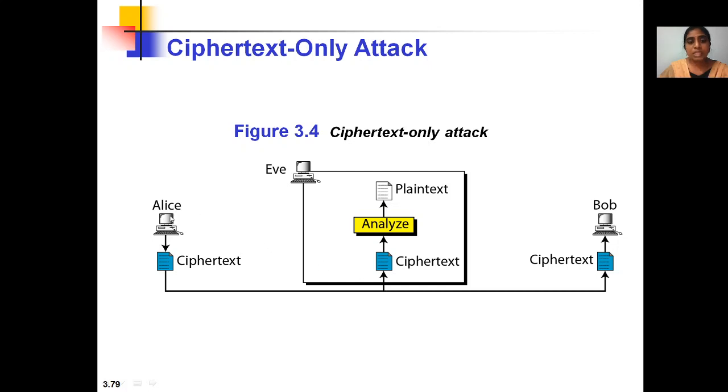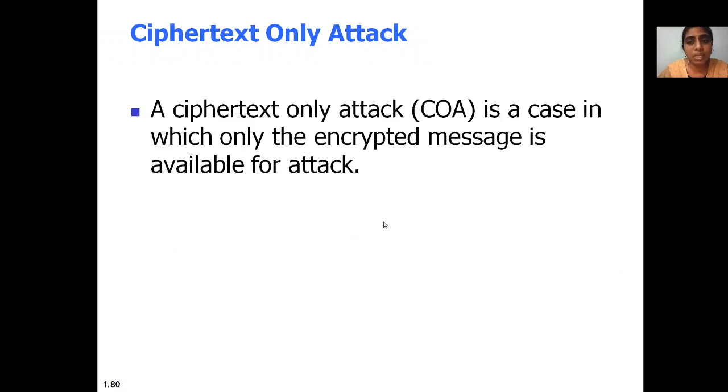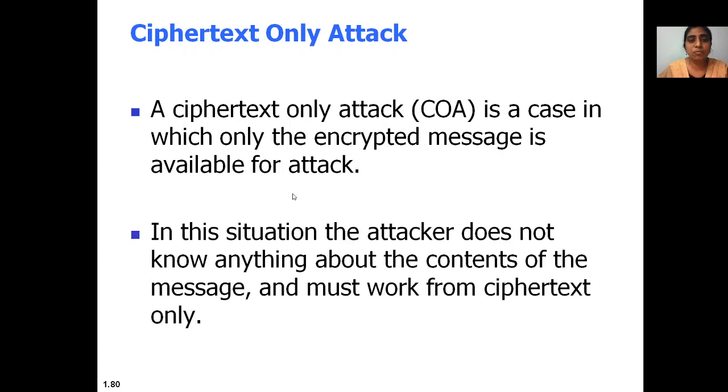Whenever the sender encrypts the data and changes it into ciphertext, the attacker who wants to know the plaintext attacks only the ciphertext, and wants to analyze that ciphertext to retrieve the plaintext. So a ciphertext only attack is the case in which only the encrypted message is available for attack.